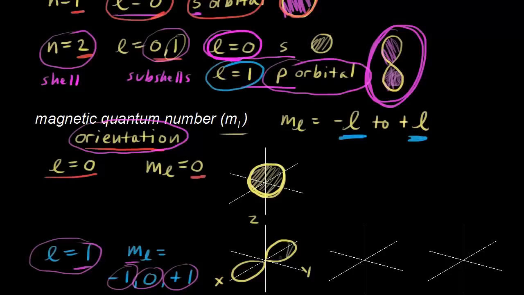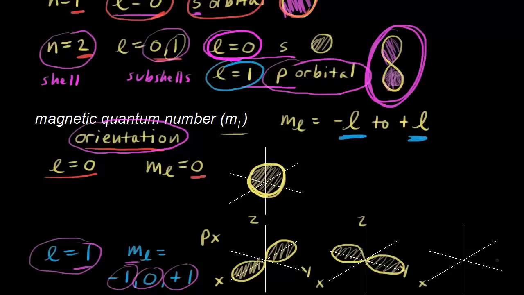Imagine this as being a volume. This would be a p orbital. We'd call this a px orbital, since it's a p orbital on the x-axis. So we have two more orientations. If this is x, this is y, and this is z, we could put a dumbbell here on the y-axis. So there's our second possible orientation.